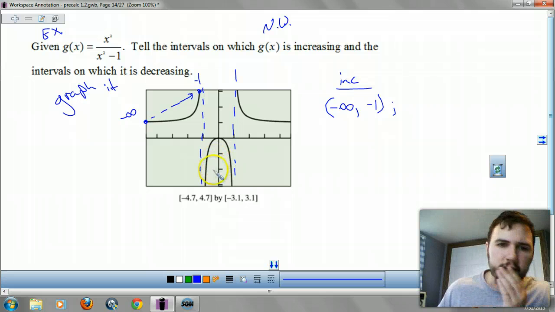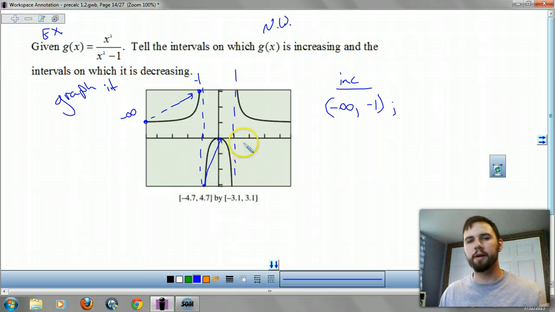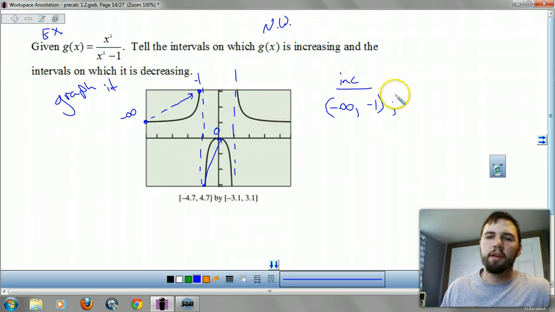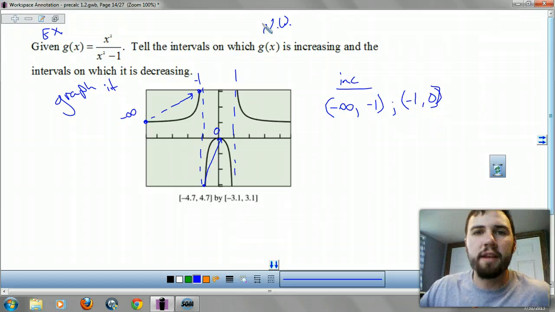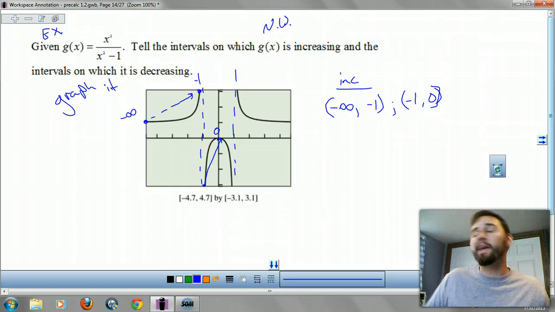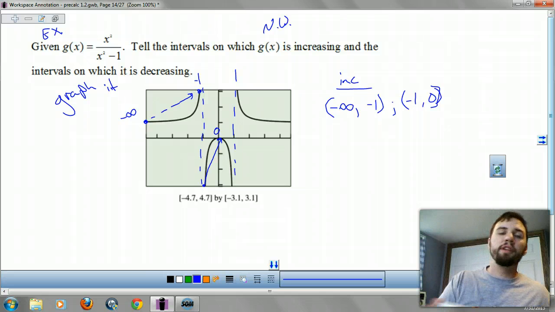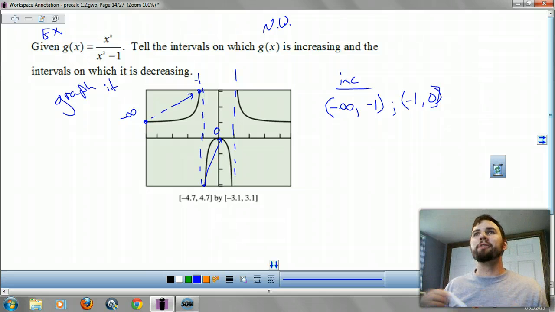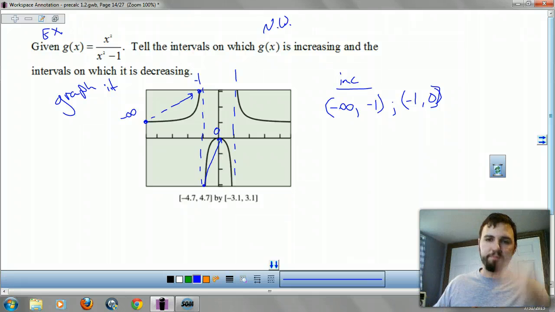If you look right here, here's an increase too. We're going up, and it goes to 0. So from negative 1 to 0. And actually we can include that 0. We can't include that negative 1 because we don't have a value for negative 1. That just goes away. A lot of people say you're decreasing on negative 1. There's just nothing there.